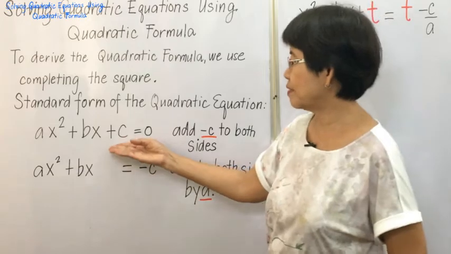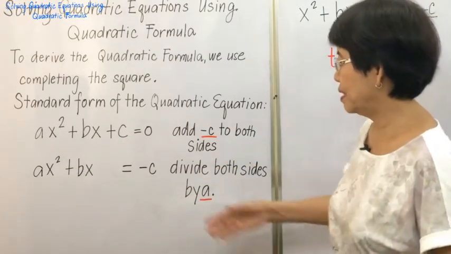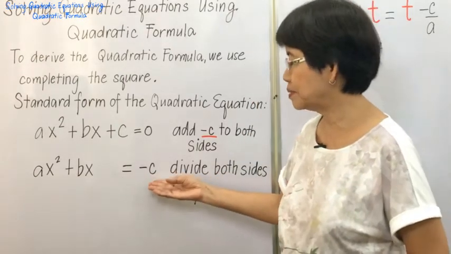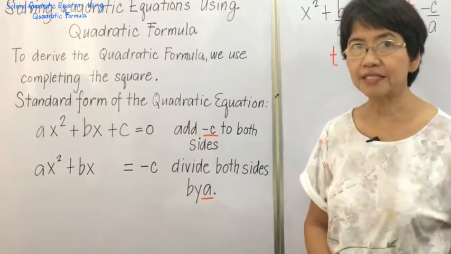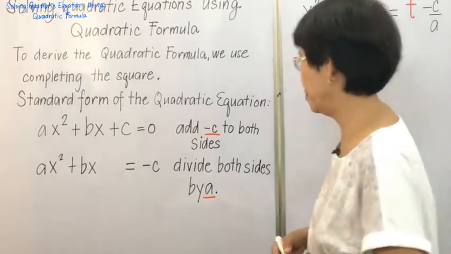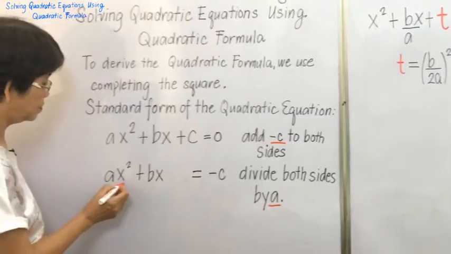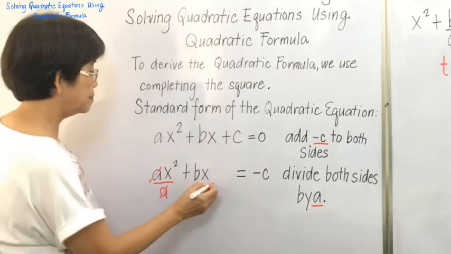Then, in this equation, we add negative c to both sides. So, it will become ax squared plus bx is equal to negative c. And then, we divide both sides by a, and cancel this.